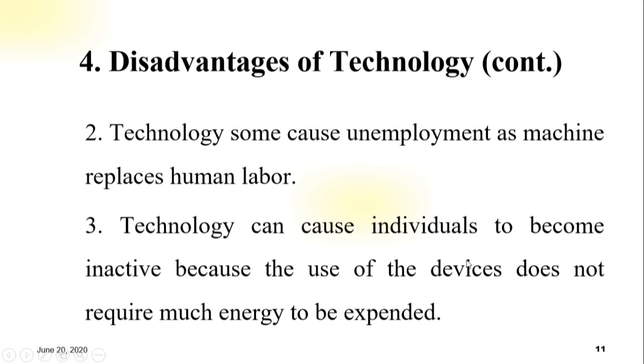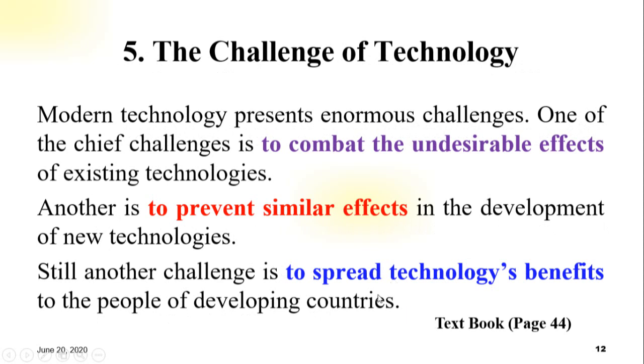But with modern technology, you need only a few people. So technology can cause individuals to become inactive because the use of devices does not require much energy to be expended. That's all for the disadvantages of technology.